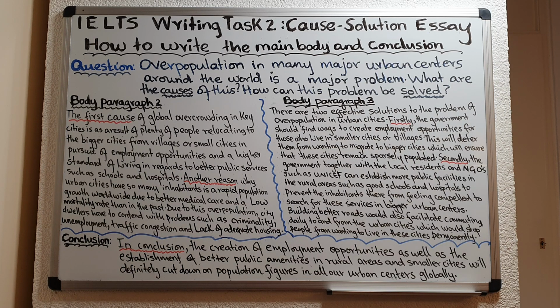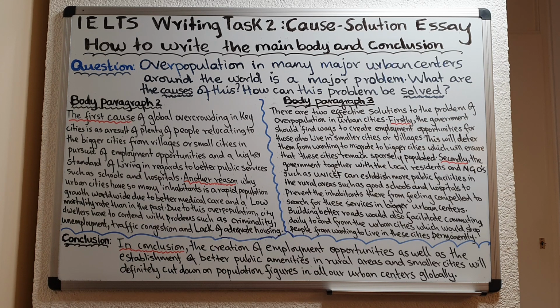The population is growing very fast. Rapid means very quickly. And then I have to elaborate my answer. Due to, so I use the linking word due to, which simply means because. So we have a high population growth because these days we have better medical care.